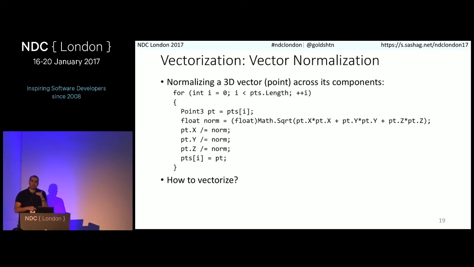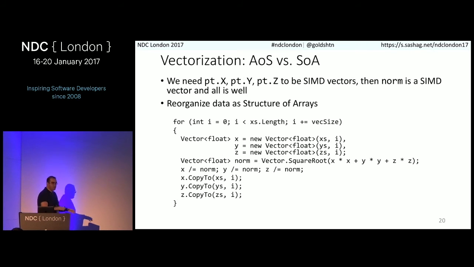So it's actually going to be easier if instead of an array of points, I had 3 arrays of x's, y's, and z's. 3 arrays instead of an array of structures where each structure has 3 components. So once you do this refactoring, and you have x's, y's, and z's instead of a single array, you can vectorize the whole thing pretty easily.